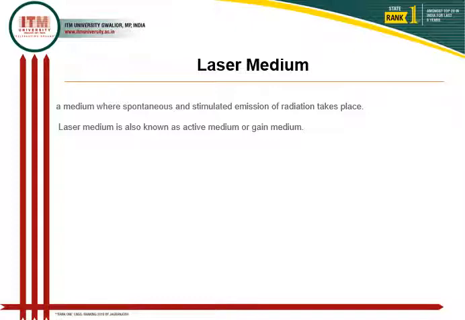Whatever else is in the laser medium, other than the active center, is called the active medium, which supports lasing action. The active center should be supported by the active medium for obtaining lasing action. So this is the laser medium, also known as the active medium or gain medium, which supports active centers.